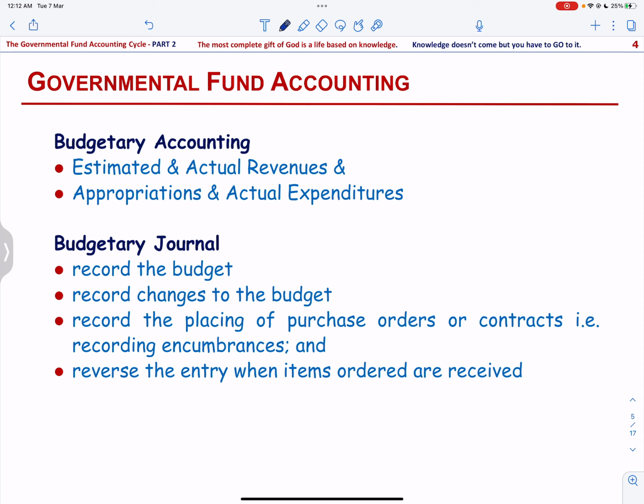So in budgetary accounting, both budgeted and actual revenues and budgeted and actual expenditures are recorded. This helps in determining how much revenue has been collected to date and how much more needs to be collected during the fiscal year.